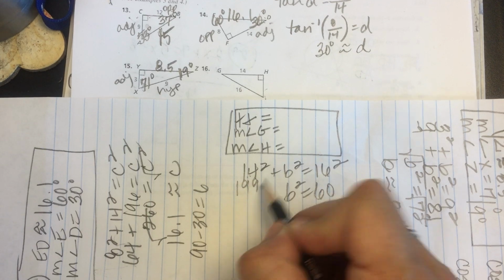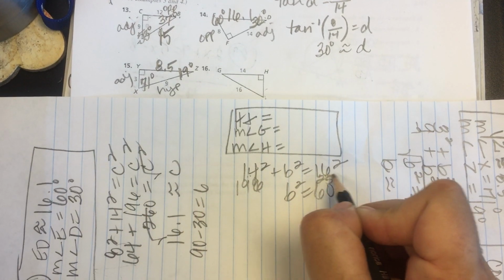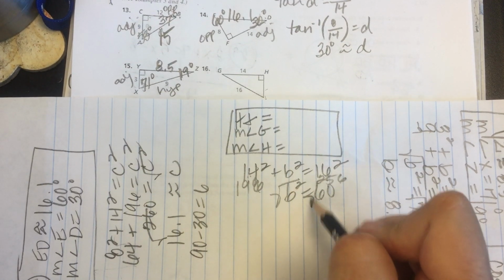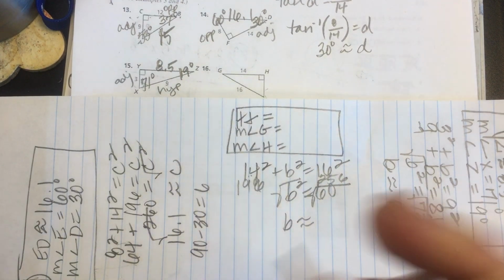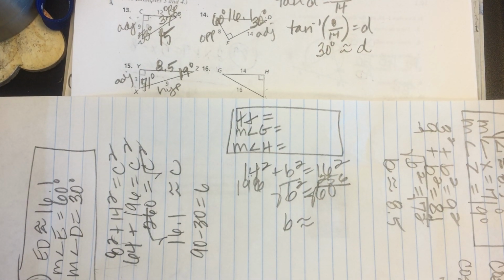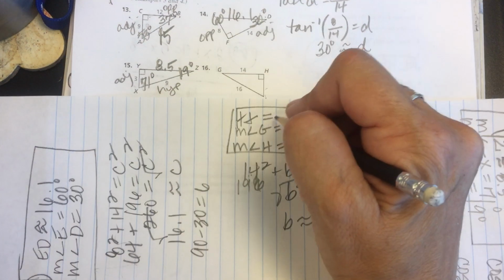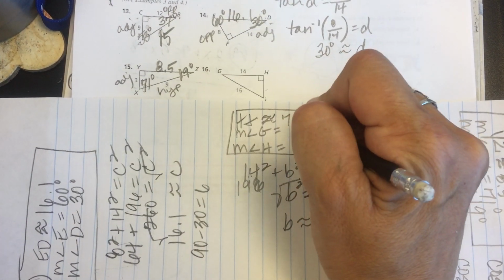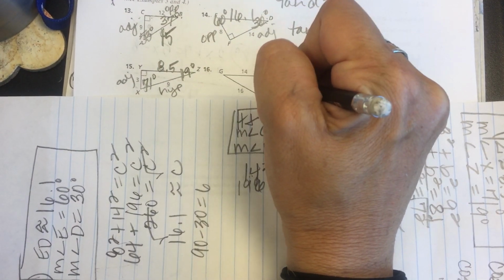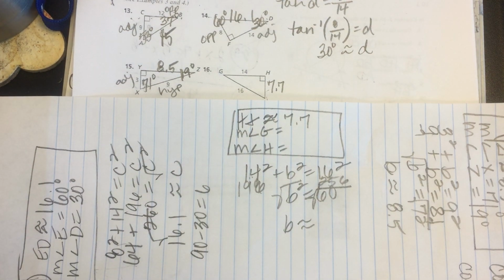What do you get for 16 squared? That's the 256. The difference is, there we go. When I take the square root of both sides, that leg is going to be the square root of 60. It's going to be approximately 7.7. That leg is about 7.7.